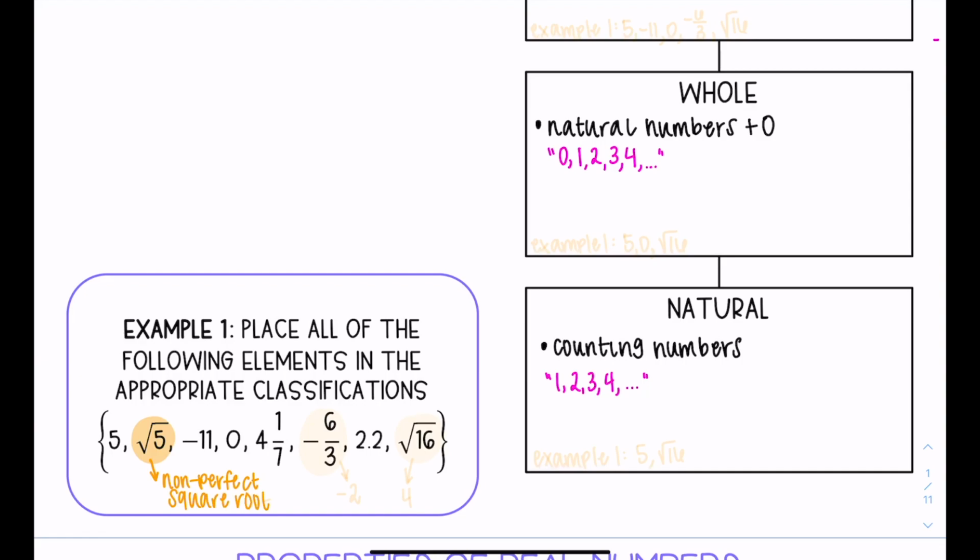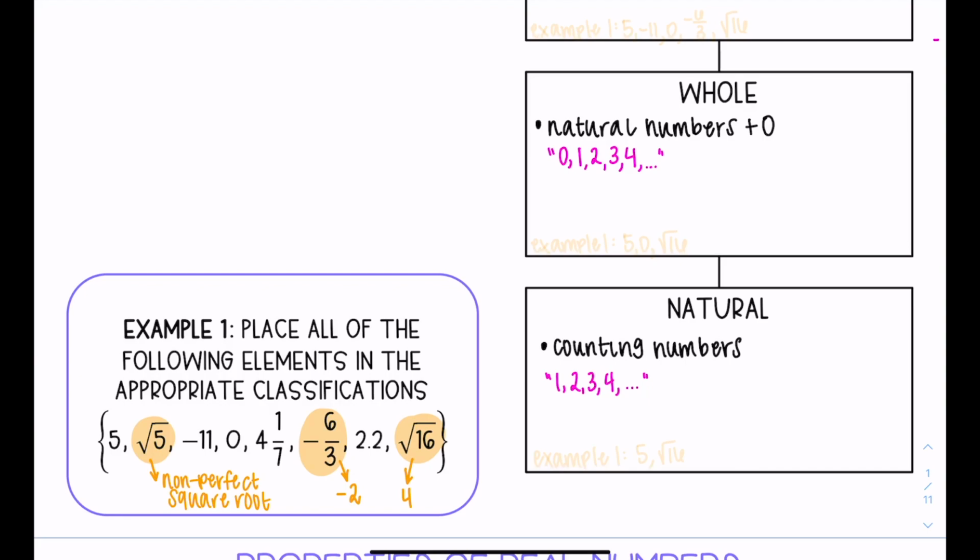We've got -11, we've got 0, we got 4 and 1/7, we got -6/3, which can be simplified. Let's go ahead and simplify that. That's -2. And we got 2.2 and the square root of 16. Well, 16 is a perfect square, and so we can actually simplify this one, and we end up getting 4. So now that we've simplified what we can, let's go ahead and put it in the correct spot.